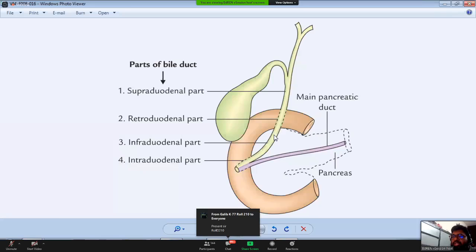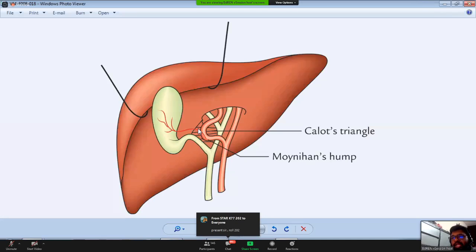So this triangle allows the surgeons to put their fingers around and to see the position of the cystic artery and ligate it properly before doing surgery on the bile duct or the cystic duct, right? And one thing is very alarming, that sometimes the cystic artery makes a hump, like a swelling loop.